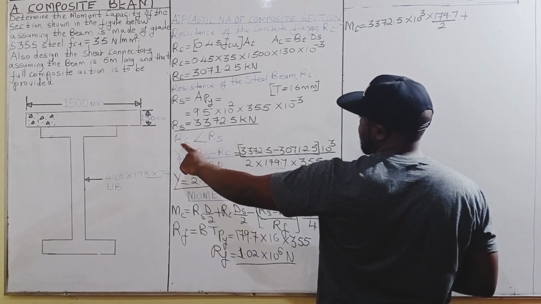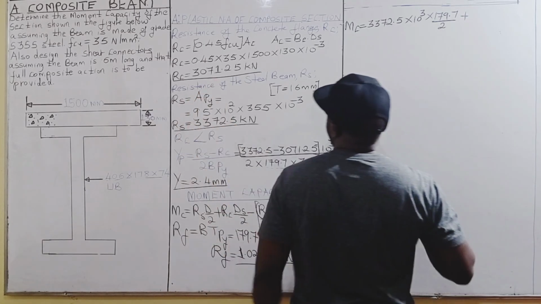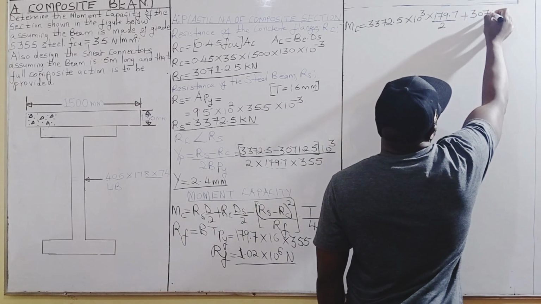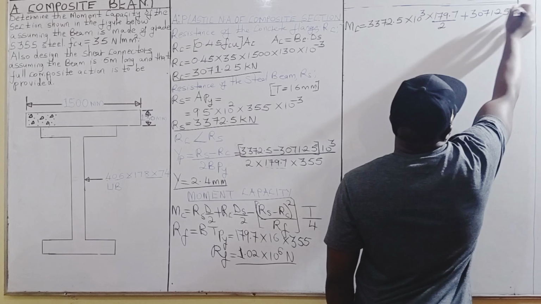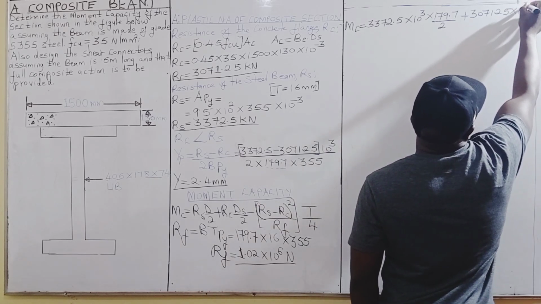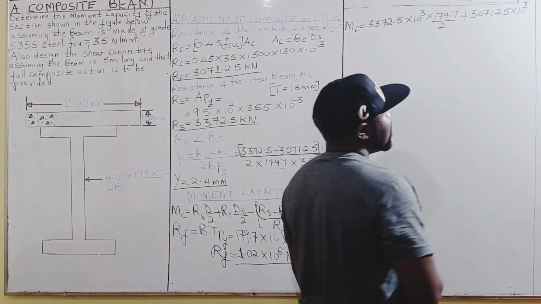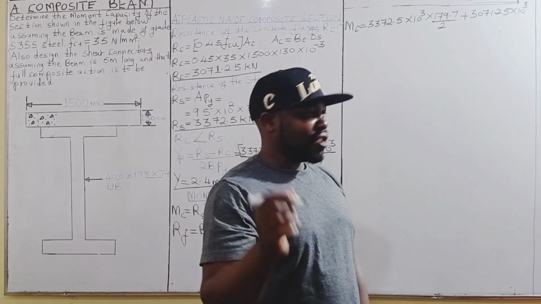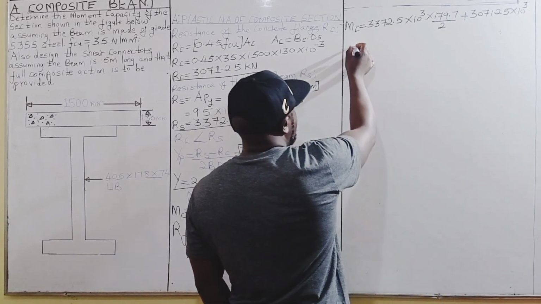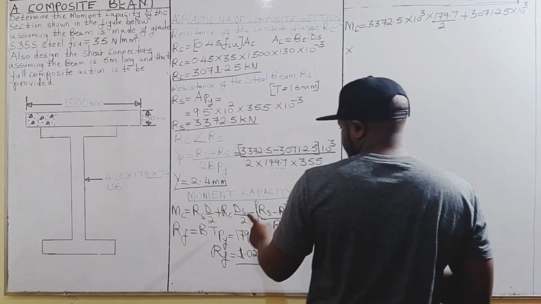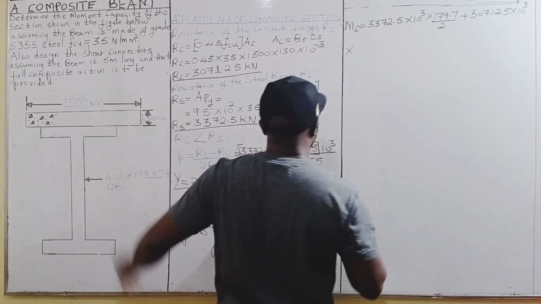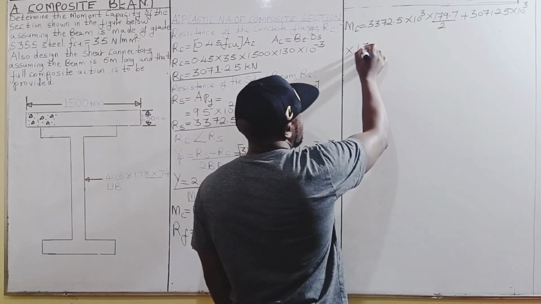RC, the resistance of the concrete flange, that is 3071.25. We multiply by 1,000, 10 raised to the power of 3, to convert it to newtons. Then we are going to multiply that by ds over 2, and ds, the depth of the concrete flange, is 130 millimeters.